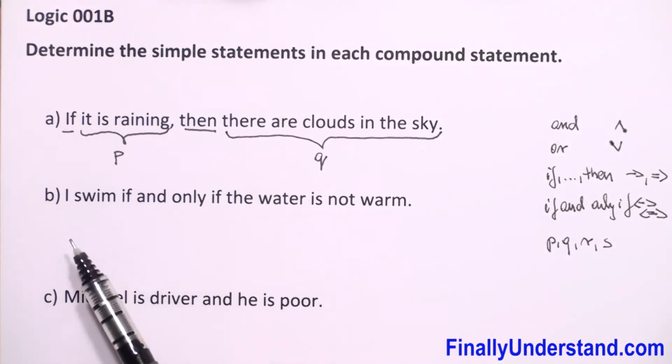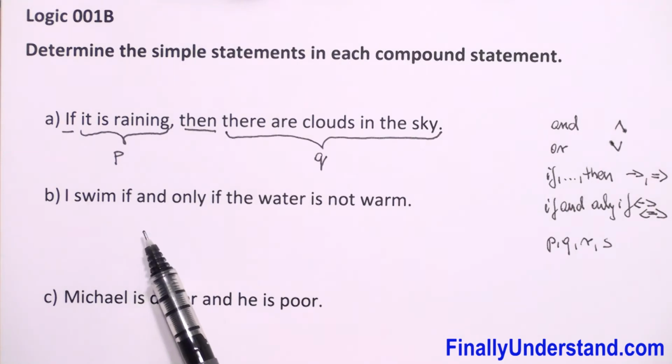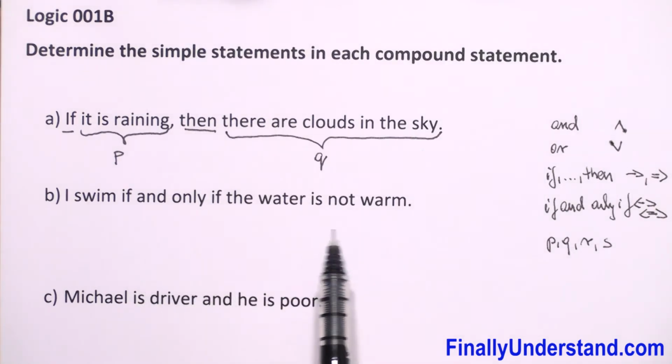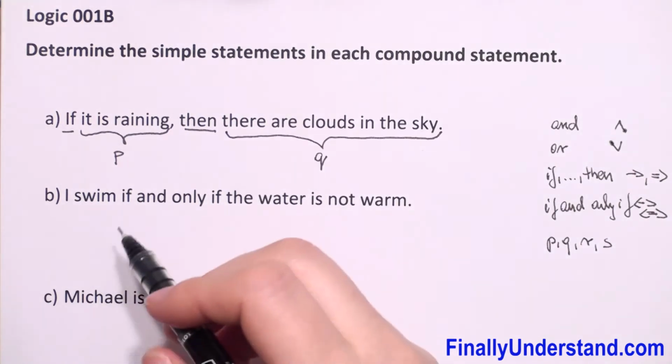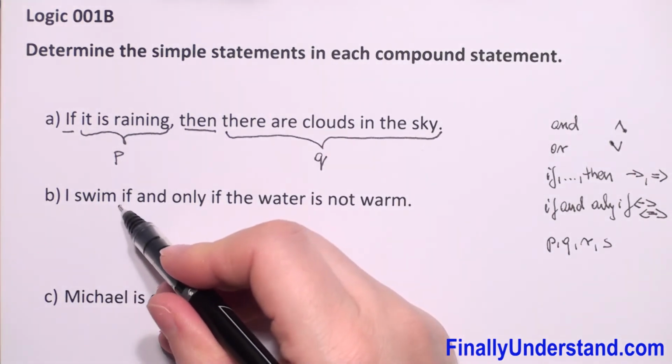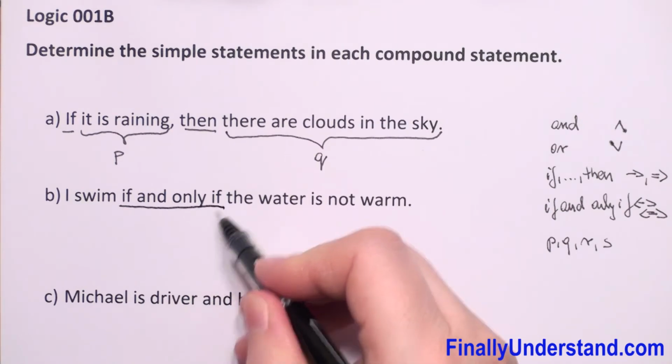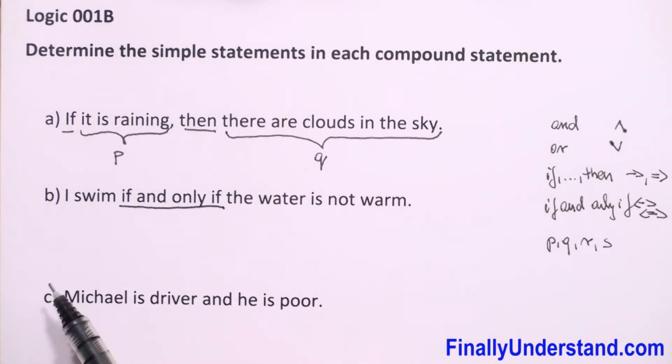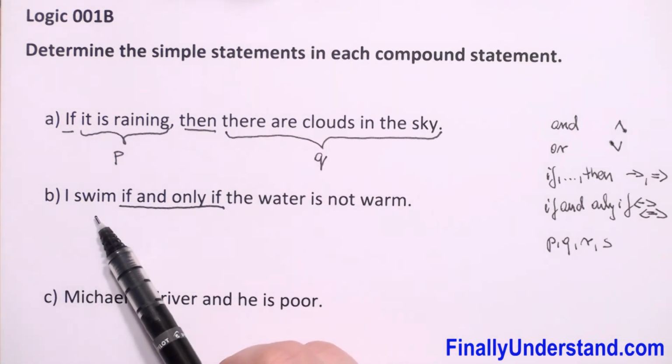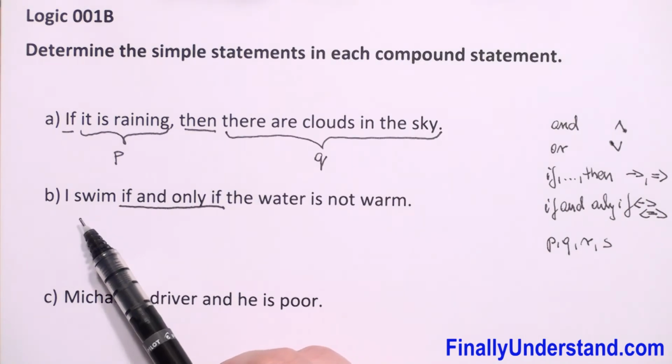Next example: I swim if and only if the water is not warm. In this example, we have the phrase if and only if. This phrase connects two simple statements. First is I swim. This is true or not, so this is a simple statement.